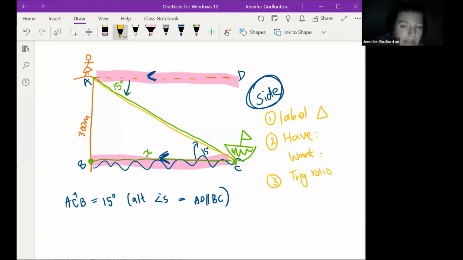What is AC? O, A, or H? Hypotenuse, yes. Good. No, not A, guys. It's the line that's opposite our right angle. Hypotenuse. Okay, that's one we want to label first.